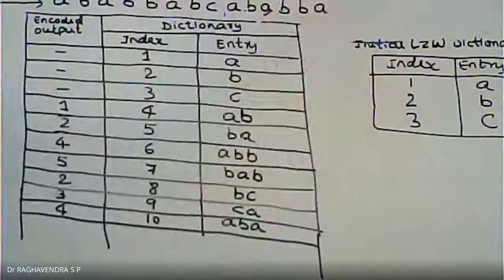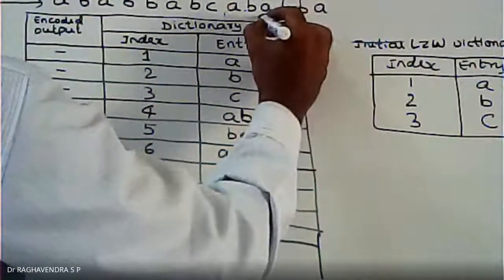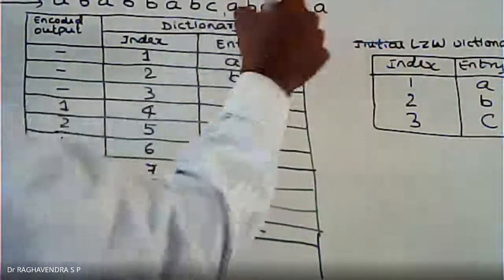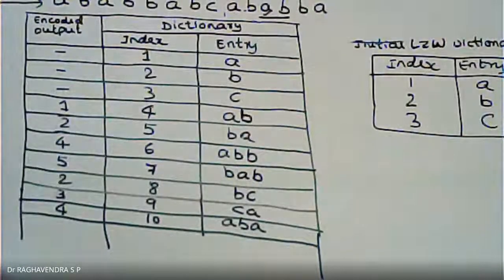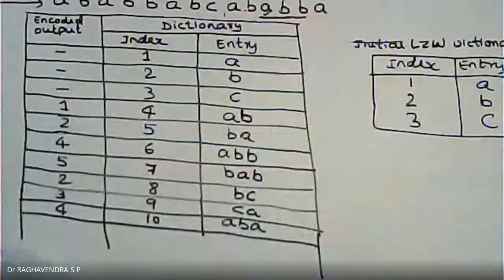This is the A. Now you scan again. In the start notation, AB. Does AB already exist? Yes, sir. Now you continue with ABB. Does ABB already exist? Yes, sir, so we cannot insert.